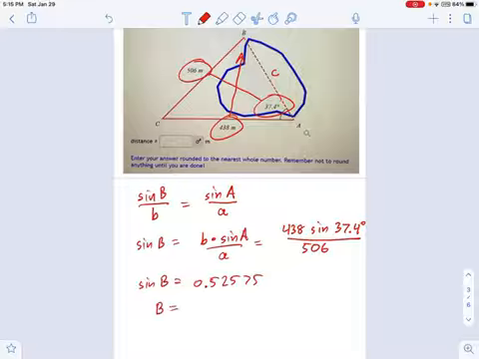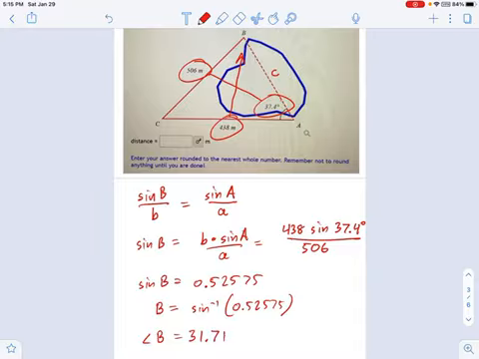I want that angle B, so I'm going to do inverse sine in my calculator of this thing, 0.52575, etc. Okay, I would not round when you're doing these problems. It usually gets you into trouble with rounding errors. So we get this: angle B equals 31.7189 degrees. Great. Okay, that's not what we wanted, but it's a step in the right direction.